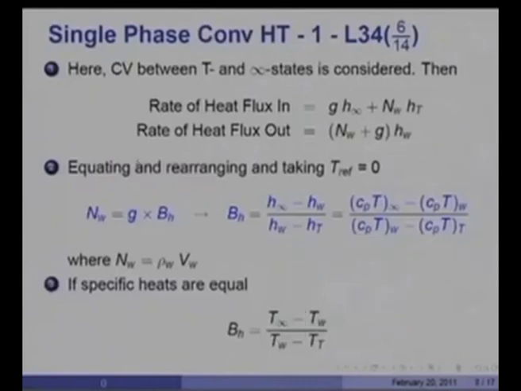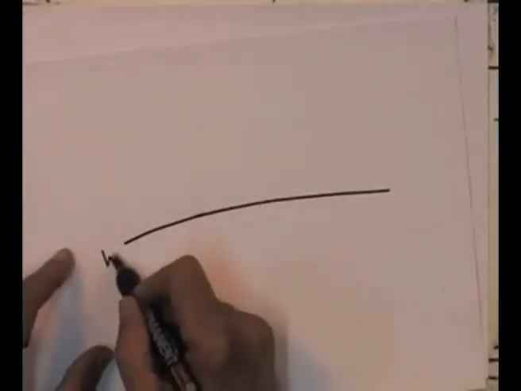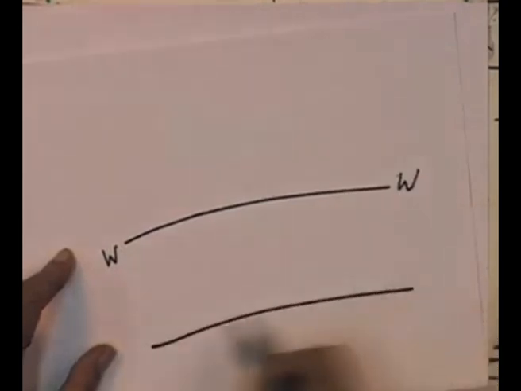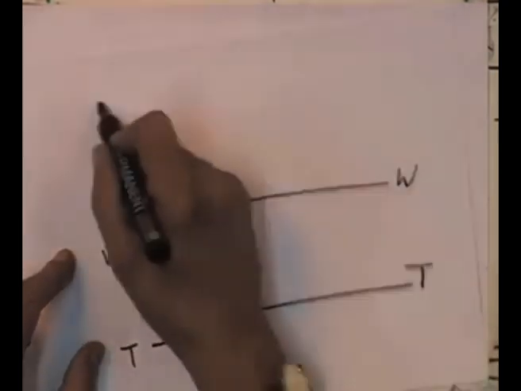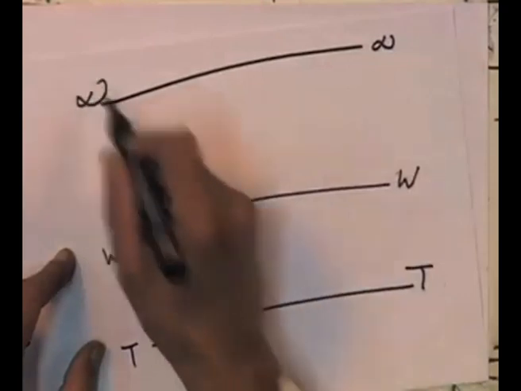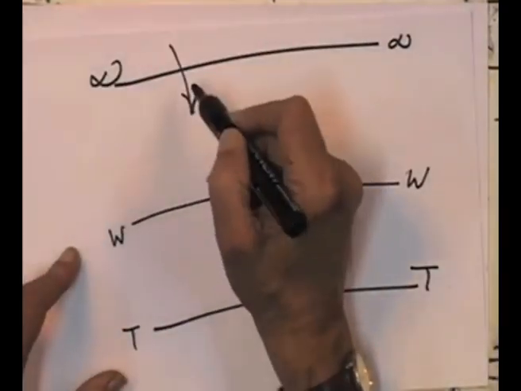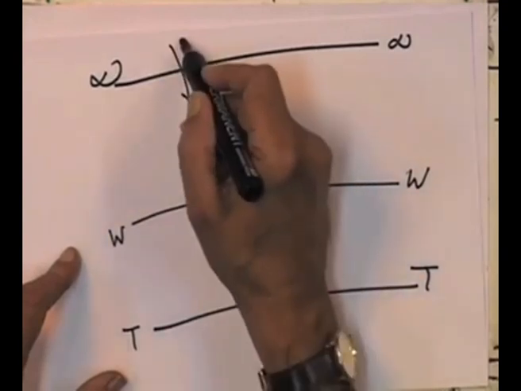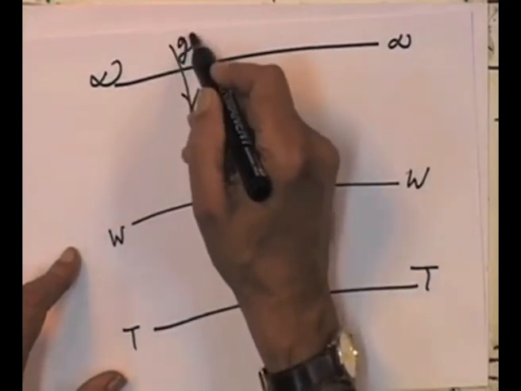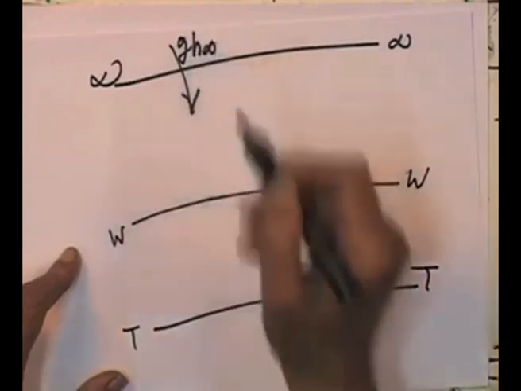Let us look at single phase convective heat transfer, in which we consider the CV between T and infinity states. So, now what I am going to do is to consider this is the W state, this is the T state, and this is the infinity state. Then you will see that heat in will be G times H infinity.